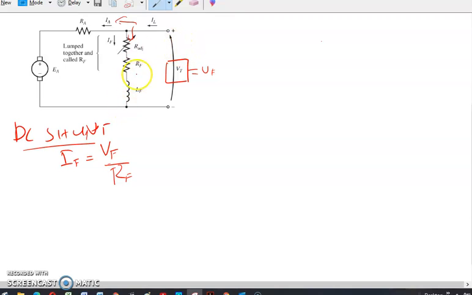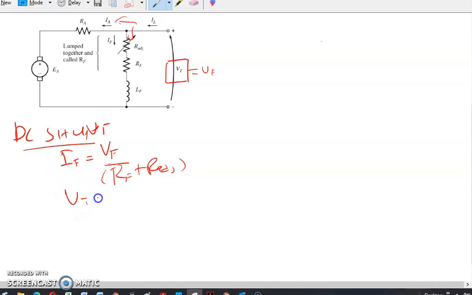Usually we combine R adjustable with RF, and it will produce your IF. Or if we separate, we have to add up RF plus R adjustable. So this is the value of IF.